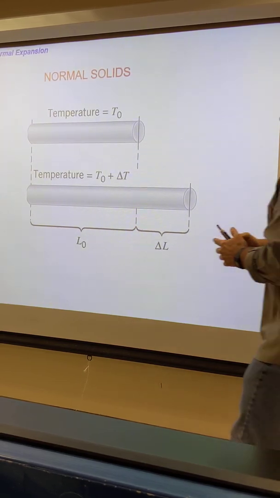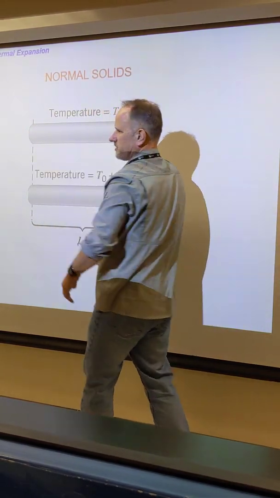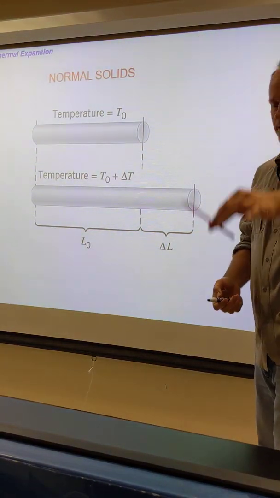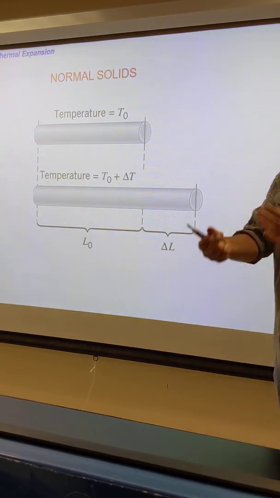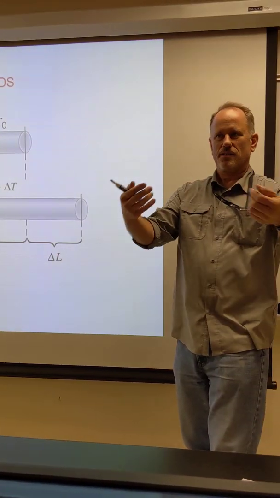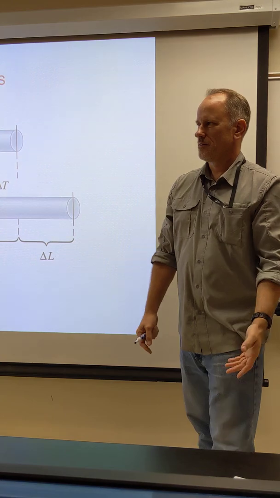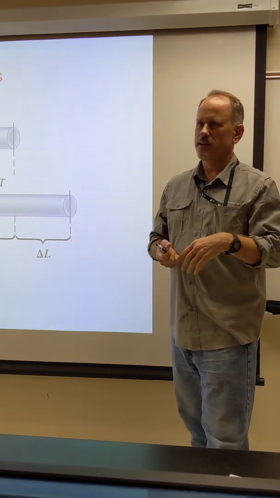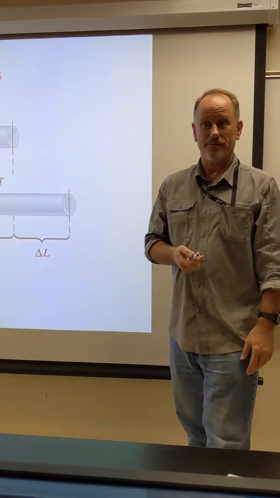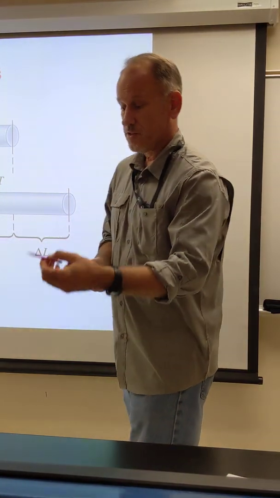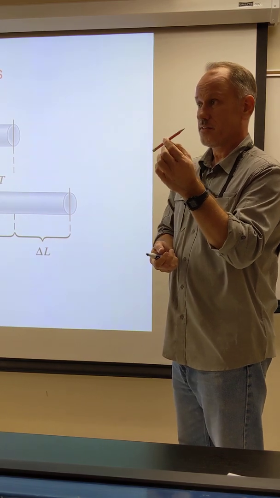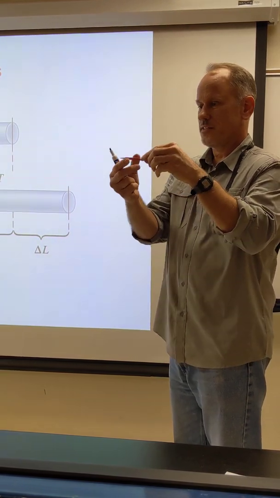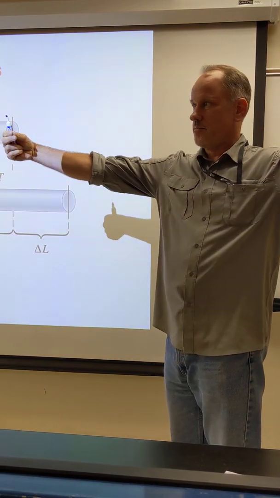So here we go. If I start with some temperature T0, that's my beginning temperature. So my long, thin rod is sitting on the table. What's its starting temperature? Room temperature, roughly 70, 72 degrees, depending on what they have the thermostat set on, right? And if I were to add energy to this and cause its temperature to change, this thing would expand along its length.